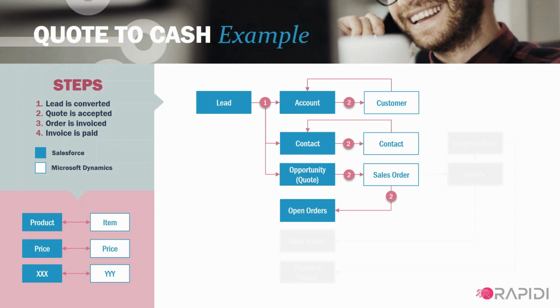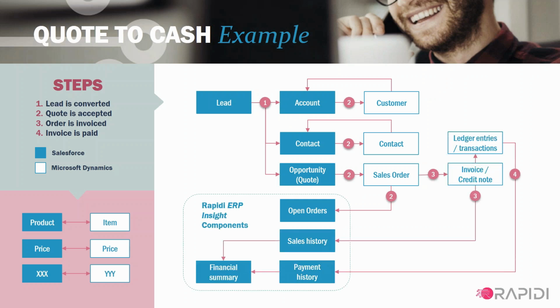Once the sales order is fully delivered and invoiced, then typically the open order that was sitting in Salesforce is removed, just like it is in Microsoft Dynamics, and it will only exist as a posted invoice or credit note in Microsoft Dynamics. We synchronize that information into the sales history object in Salesforce, where you can see what this account has purchased in the past.